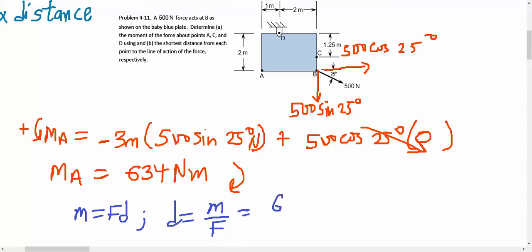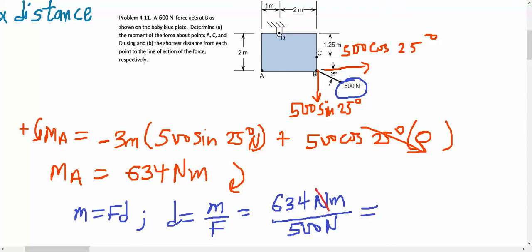So your moment has been solved for, and that's 634 Newton meters. Well, what was your force? Your force was 500 newtons to begin with, right here. 500 newtons. Now you can see how the units come into play. The newtons cancel out, you're left with meters. So resolving that gives you 1.27 meters.